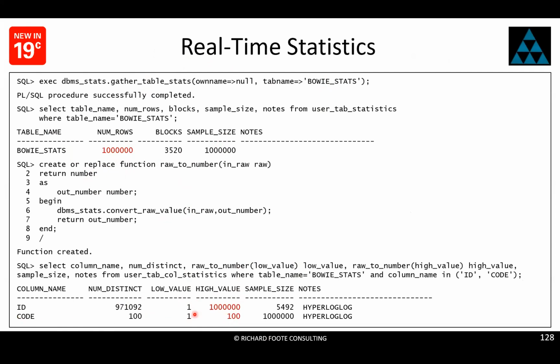Now, what Exadata can now do is this. When I start adding more data into my table, Oracle on the fly will update these statistics. It will keep a tab on how many rows I've got, and it will try to keep a tab on what the current maximum or minimum values are for my individual columns without having to recalculate the statistics.